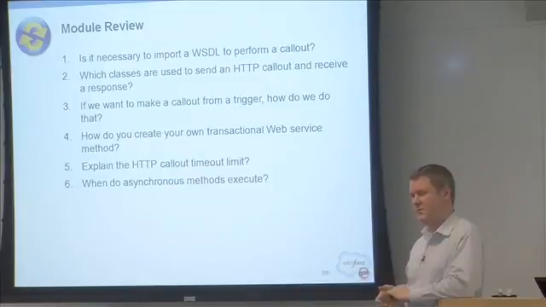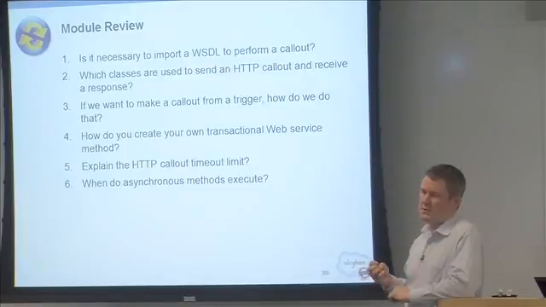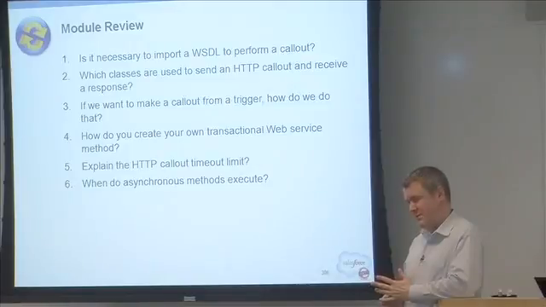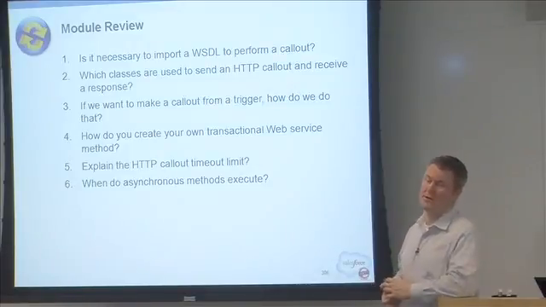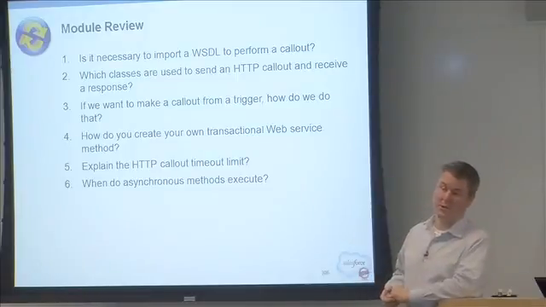But what if I wanted to create my own transactional logic? What key class and method could I use? I mentioned this previously. Very good. So savepoints: we could set up a savepoint, and then we could use the Database.rollback method to create our own transactional logic.